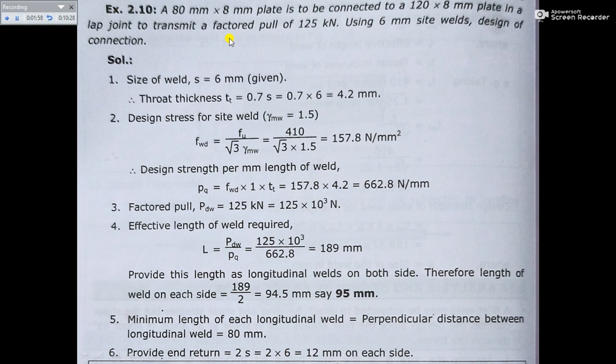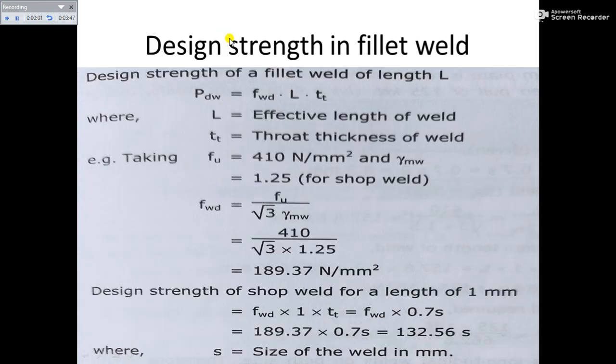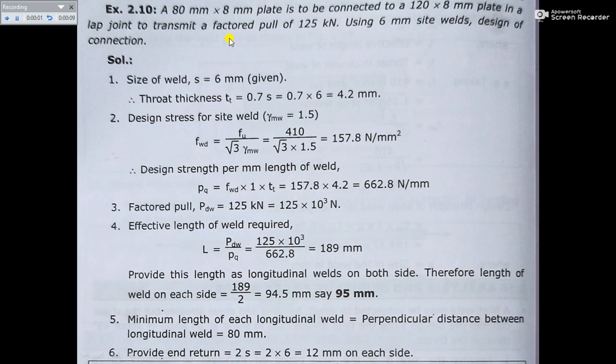Therefore FWD is given by the formula Fu upon root 3 into gamma mw, where Fu is the ultimate stress in the plate, and that ultimate stress in the plate is taken as 410.